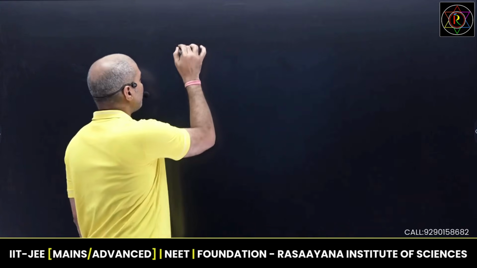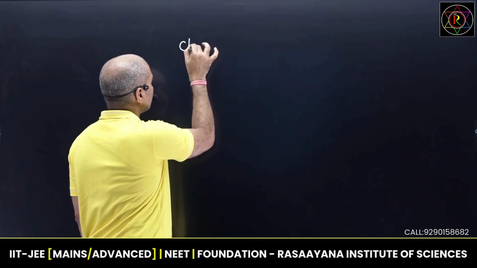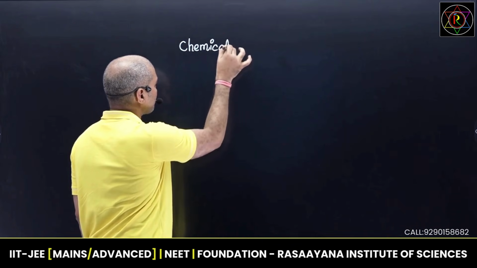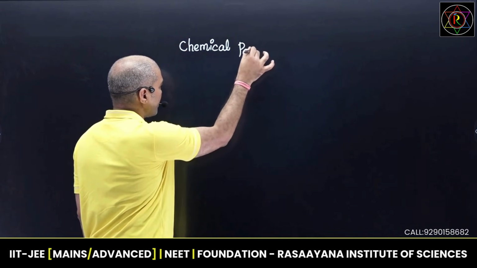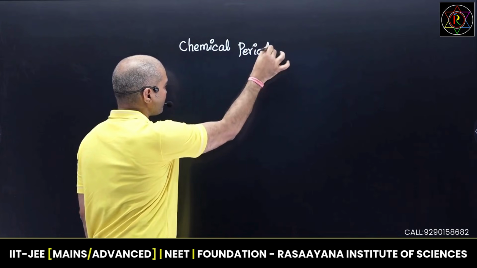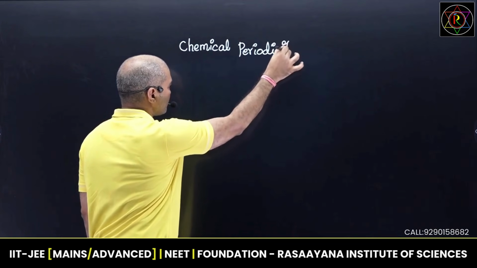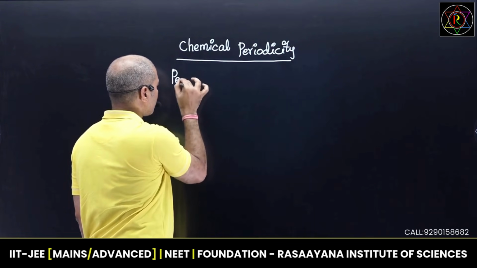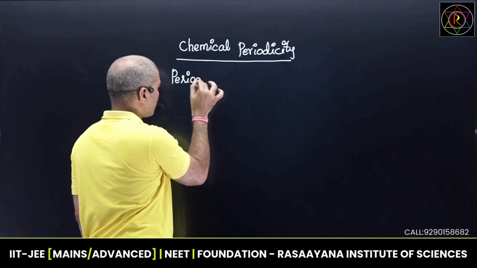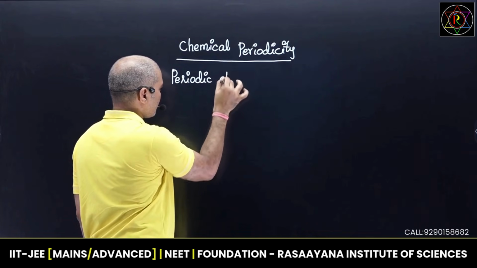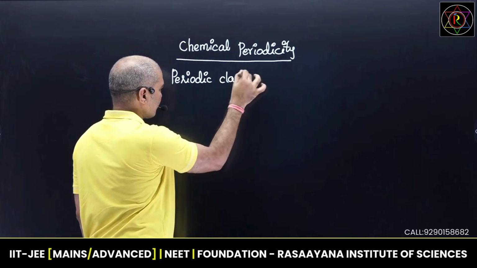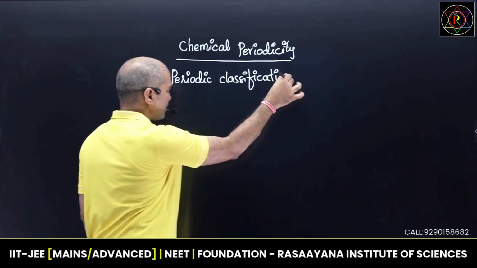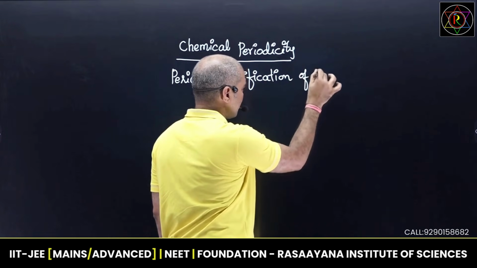This is the most important unit and the very first unit. We call it chemical periodicity, or periodic classification of elements. We are classifying the elements periodically according to their properties.